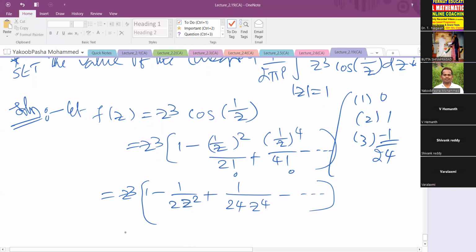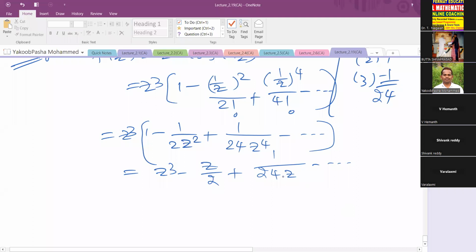So this is equal to z cube minus z by 2 plus 1 by 24z minus and so on. This is the expansion of f of z.